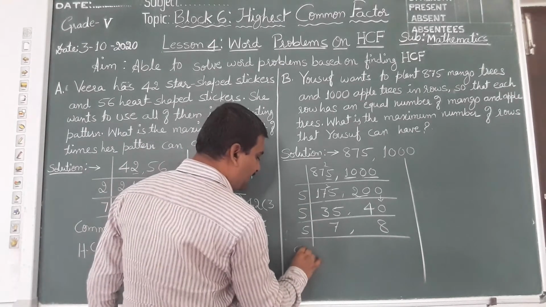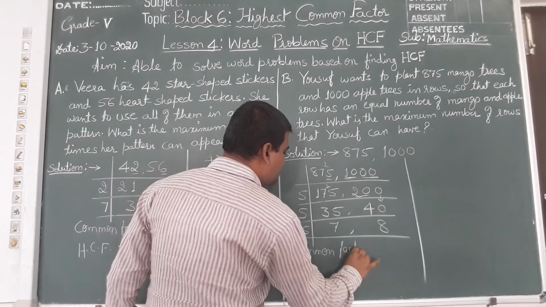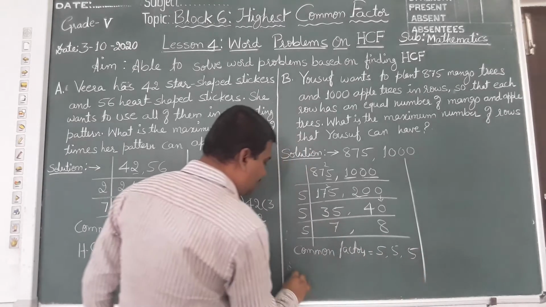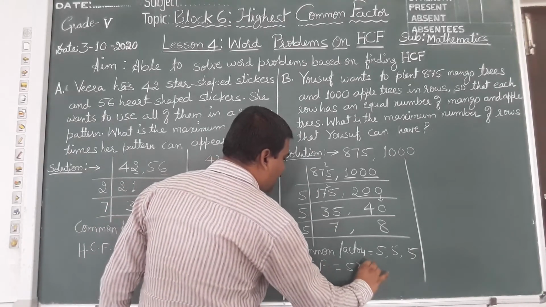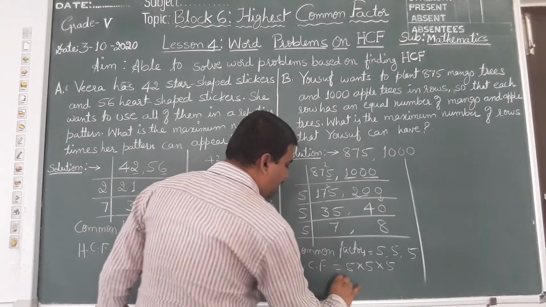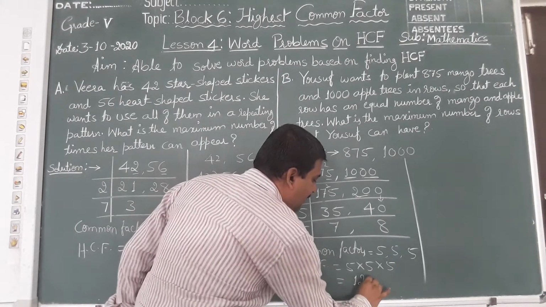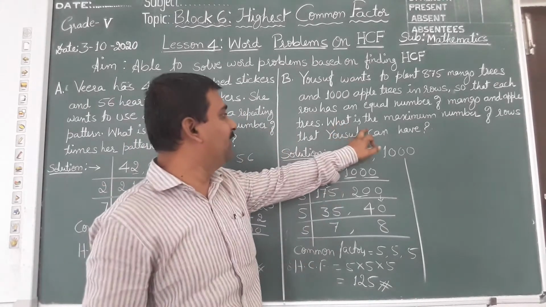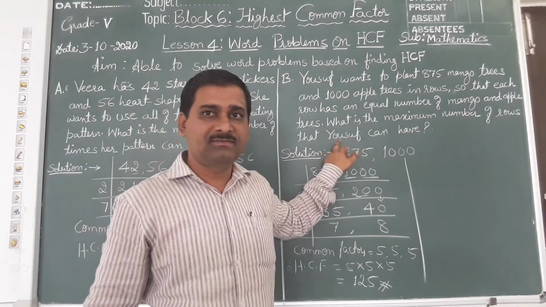So the common factors are 5, 5 and 5, and you get the HCF by multiplying the common factors. 5 5s are 25, 25 5s are 125. So 125 rows that Yusuf can have.